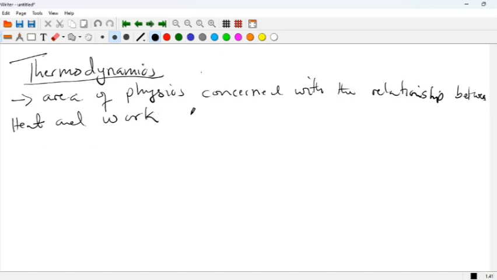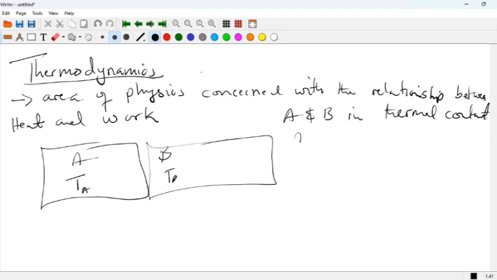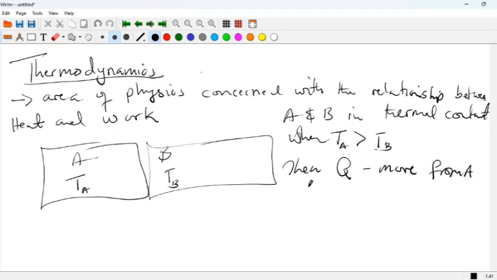We have already seen that whenever we have two systems in thermal contact, system A and system B, such that A has temperature A and B has temperature B, where, say, temperature A is greater than temperature B, then heat will move from A to B. This is what we have seen.